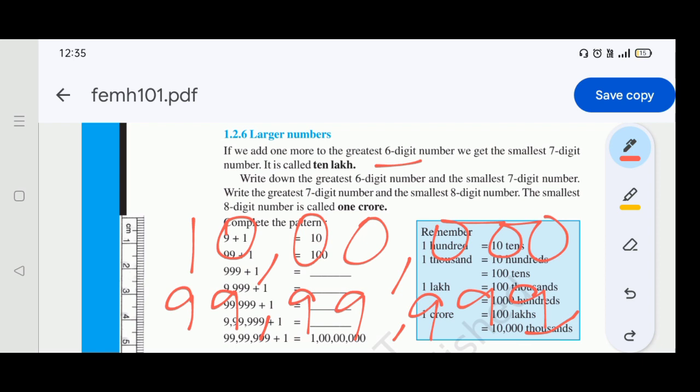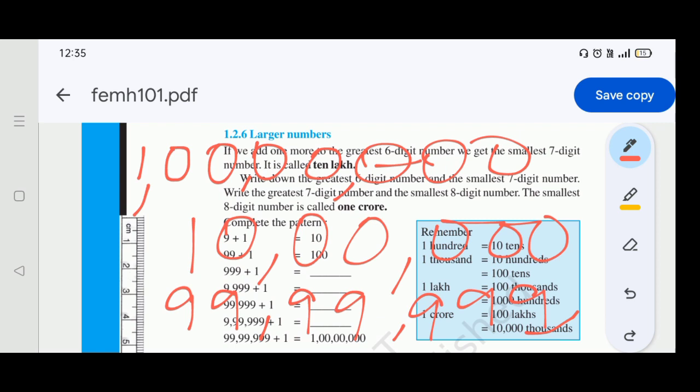Now let us write smallest 8-digit number, which is nothing but next it is 100 lakhs which is nothing but 1 crore.